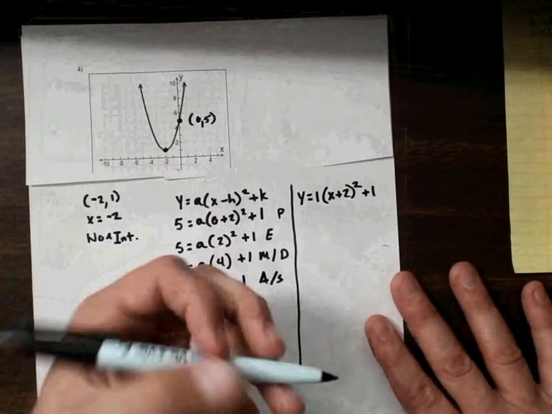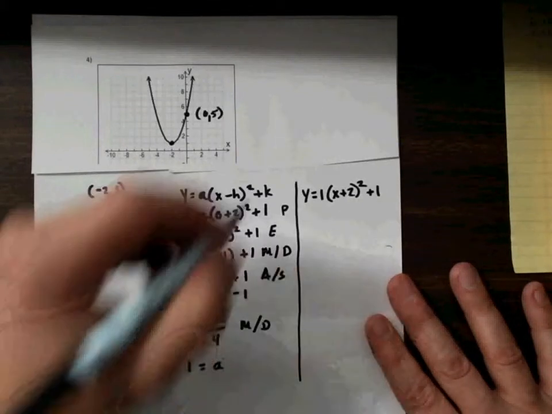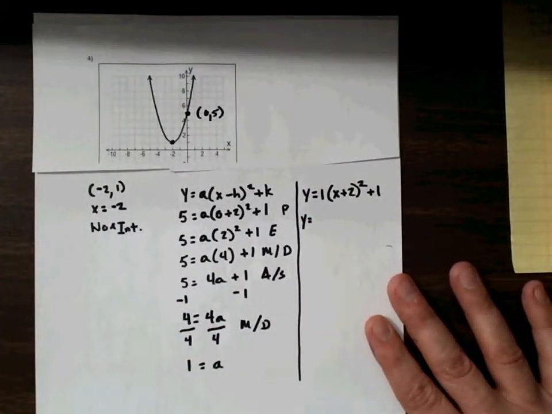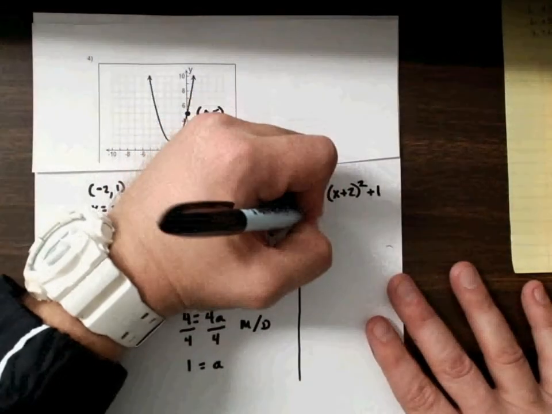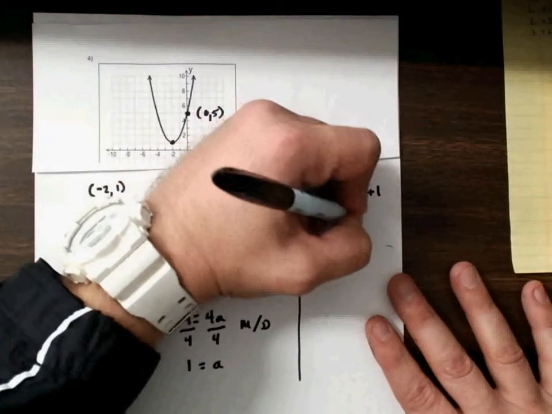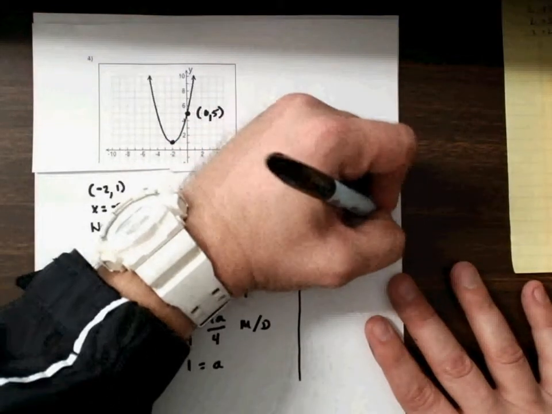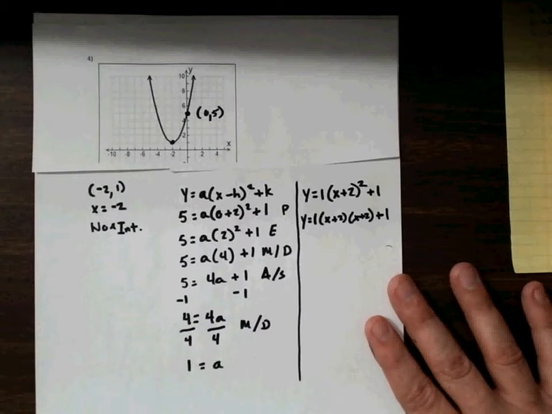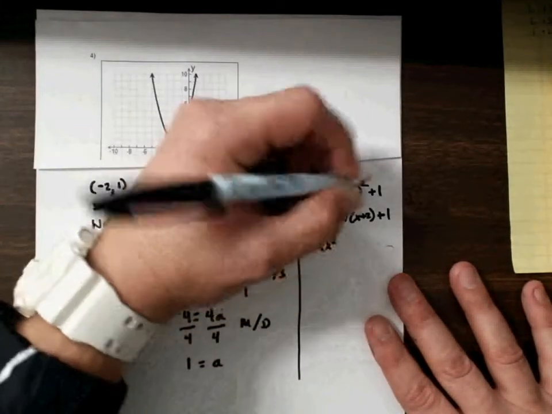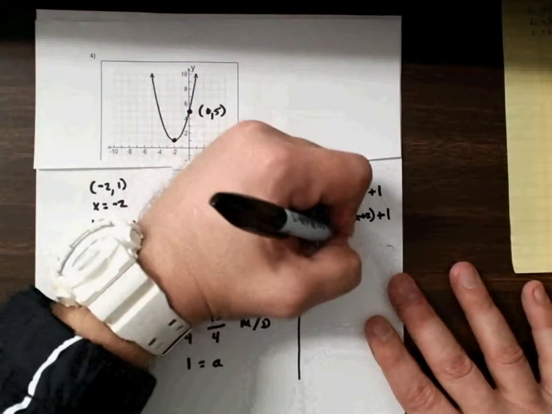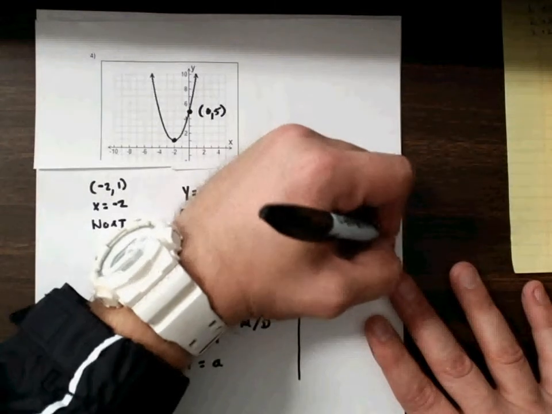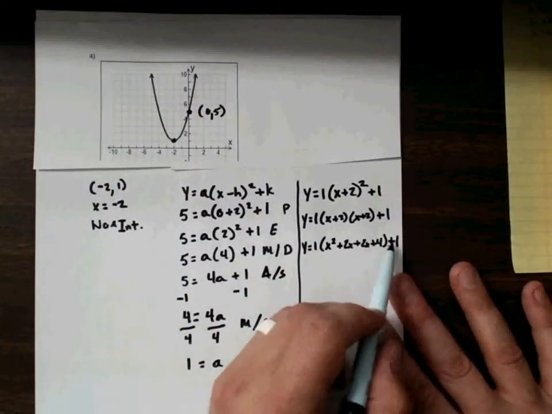My standard form is going to come from condensing it down. So it's going to be y equals, I'm going to take care of my parentheses. There's nothing I can do inside the parentheses, so I'm going to go to exponents, which is going to have me breaking this apart into x squared plus 2x plus 2x plus 4, and then a plus 1 on the outside. Remember, you can't distribute this one through.